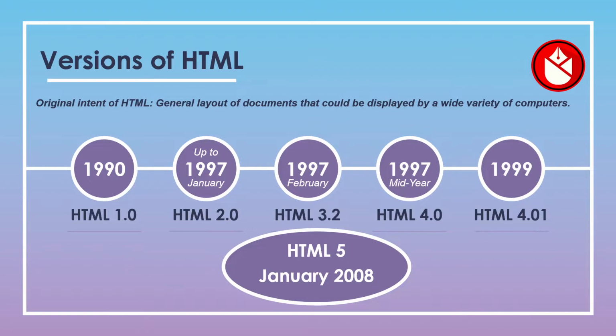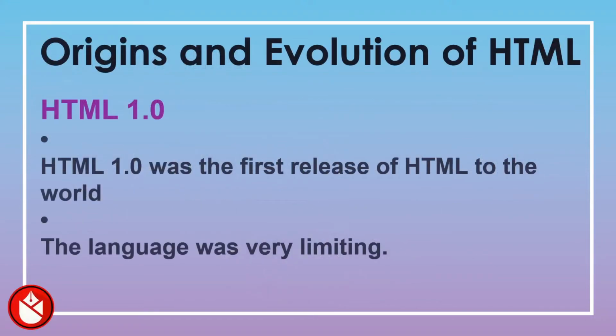Up to the middle of 1997, HTML 4.0, and then HTML 4.01 was the next version of HTML. Now HTML5 steps into web development from January 2008. So the first version was HTML 1.0.